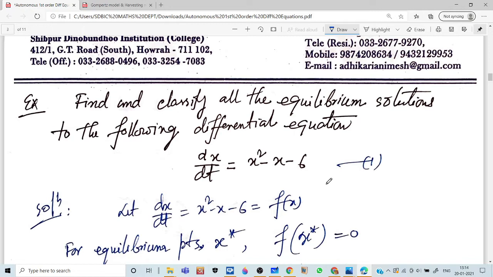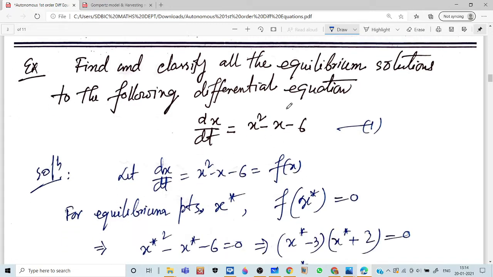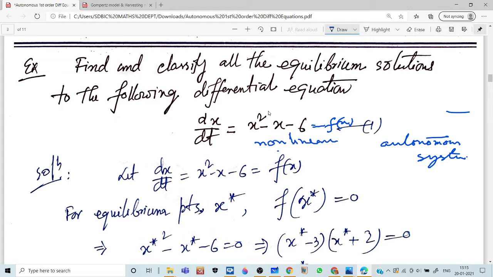To find the stability of the solution, this right hand side is called f(x), and t does not appear explicitly in the right hand side. So this is an autonomous system.